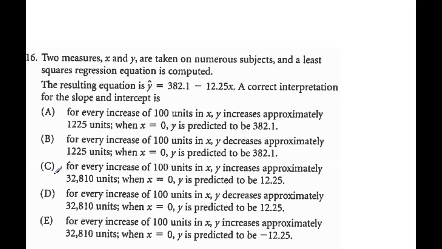So here we have, this is the equation. You can see that the slope is this guy. The constant, or the y-intercept, is this one. So it says, correct interpretation for this slope. So we want to interpret 12.25. So right away you're thinking maybe one of these.